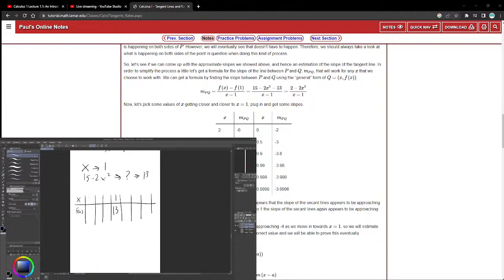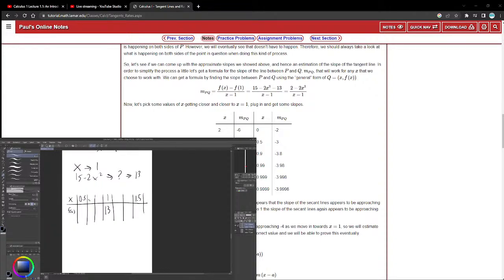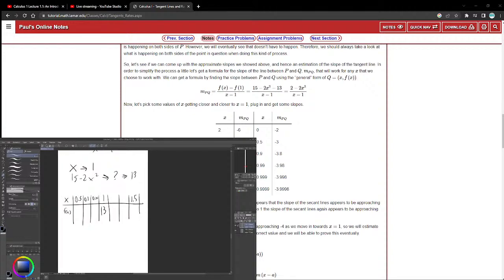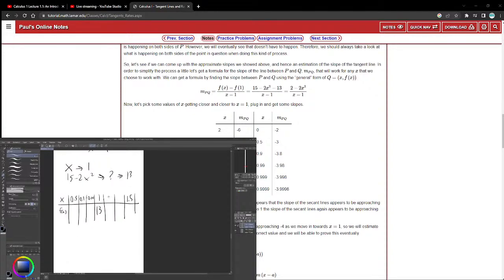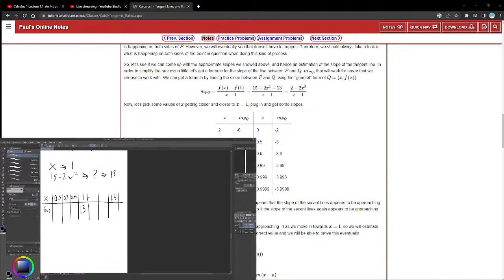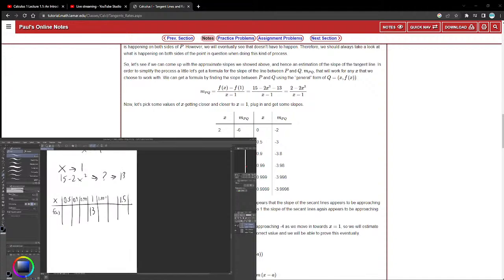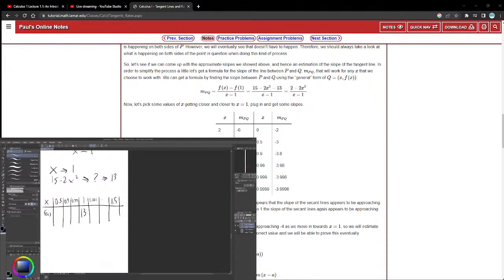So at 0.5 and then 1.5, 0.1, 0.001. Right, no. We want this to increase, so 0.9, 0.999, 1.001, 1.1.